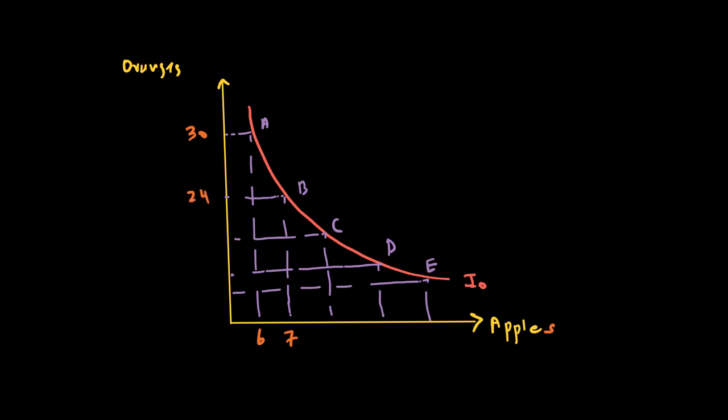Now what you see is this: if I choose 30 oranges and 6 apples versus 24 oranges and 7 apples, I am indifferent, which means that I have no clear preference between A and B. Similarly, if I go all the way to D, which is 10 oranges and 13 apples, and E, which is 8 oranges and 15 apples, I am indifferent.